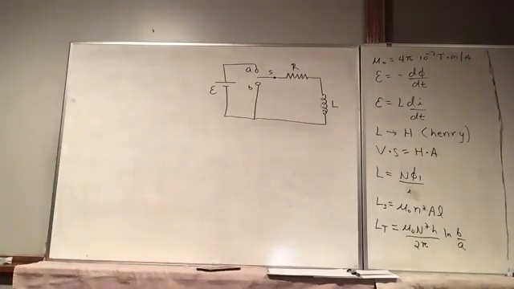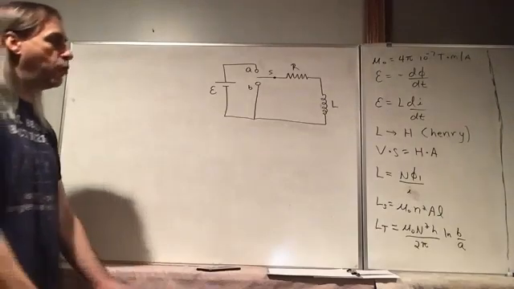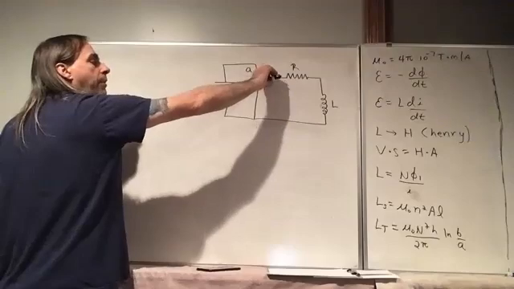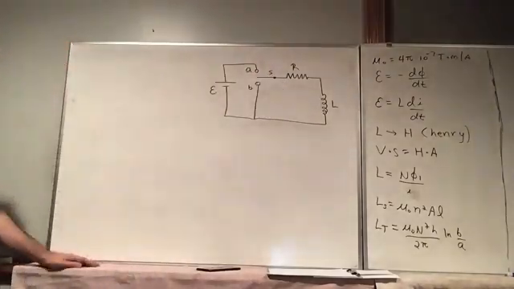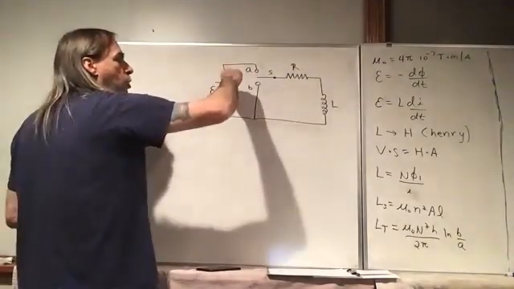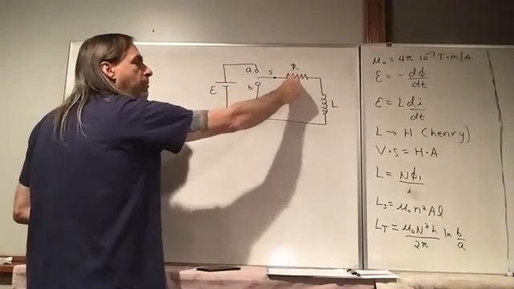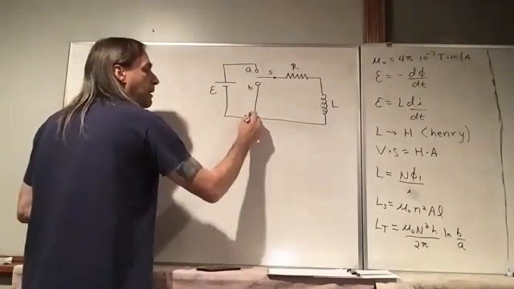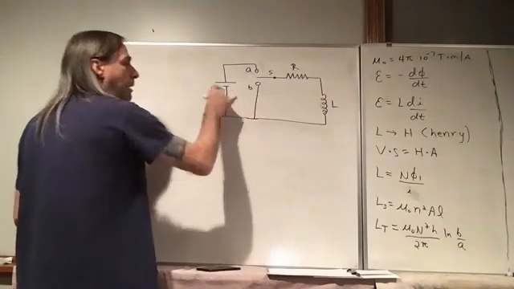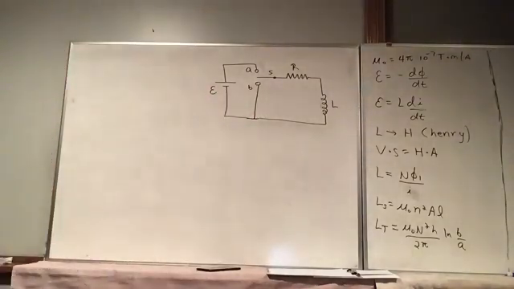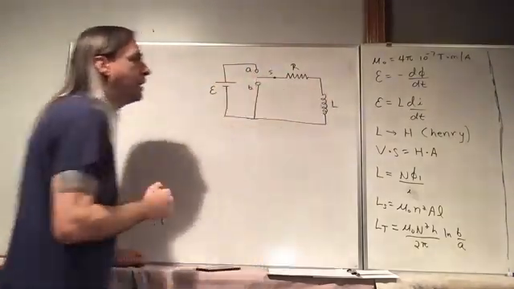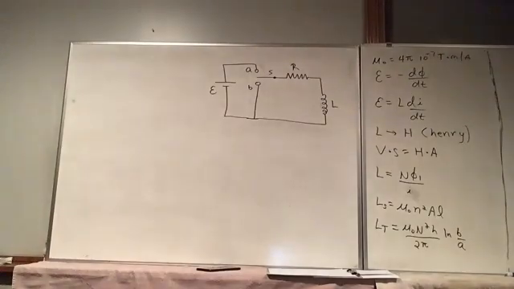And so we can build a circuit like this very easily. This is a switch. We can throw the switch to position A, and now we have a closed loop with a battery, the resistor, and the inductor, going back to the negative terminal of the battery. And if we throw the switch to B, we have a loop just involving the resistor and the inductor.